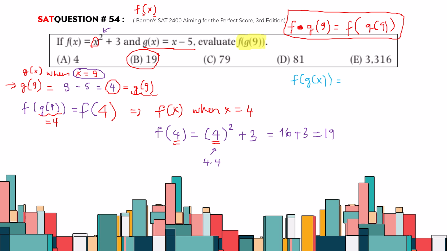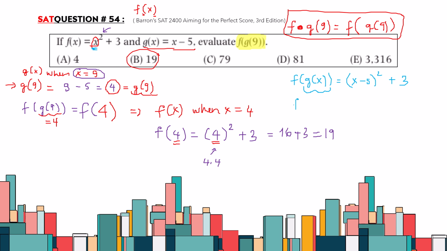It means I plug in g of x wherever I see x in f of x. So I have x squared plus 3. That is the function f of x. Now I plug in g of x. What is g of x? g of x equals x minus 5. So I have that.